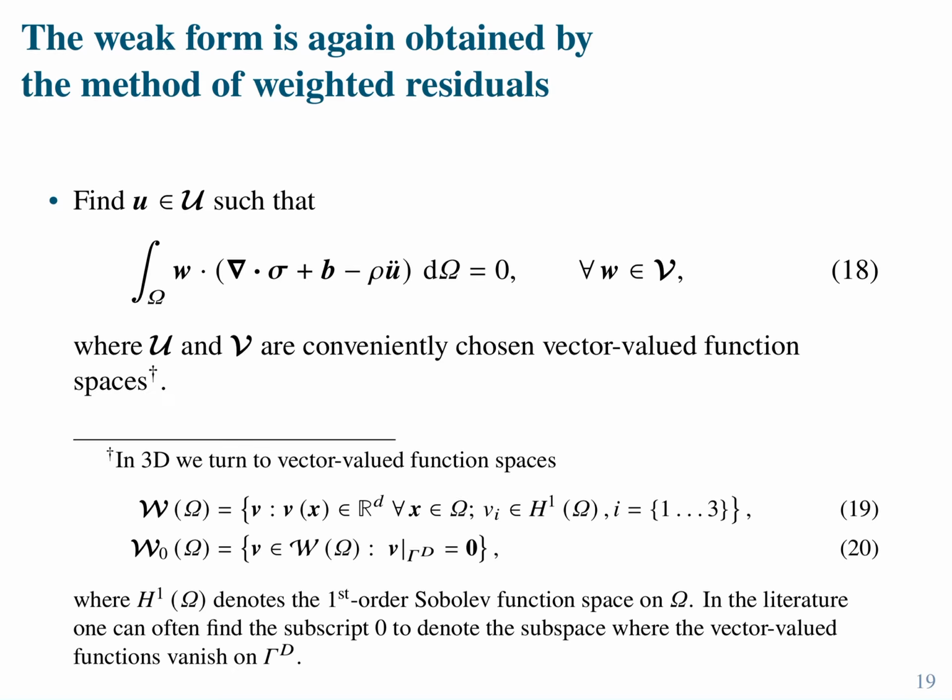And okay, well, I wrote it here at the bottom as a footnote. So the vector spaces we're going to be dealing with are vectors V in R^d. That basically says it's a vector for every point in my domain, such that each component V_i, and i goes from 1 to 3, remember we're in 3D, right?